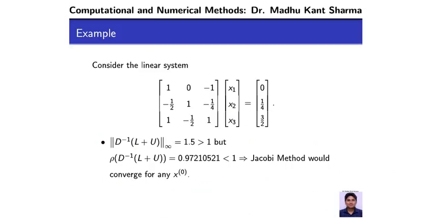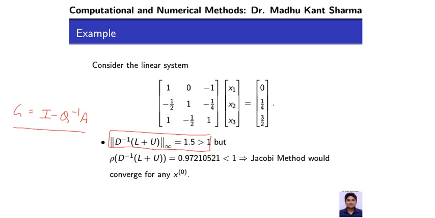Right. So now let's go back and check the previous system itself, where we have seen that if you take the infinity matrix norm for the general iterative scheme, for G equals I minus Q inverse A for the Jacobi method, that is 1.5, which is greater than 1.